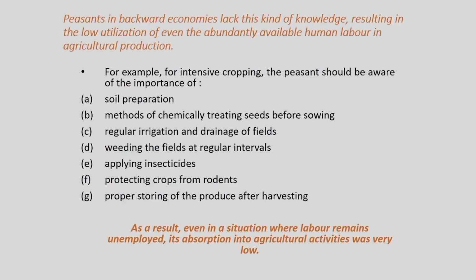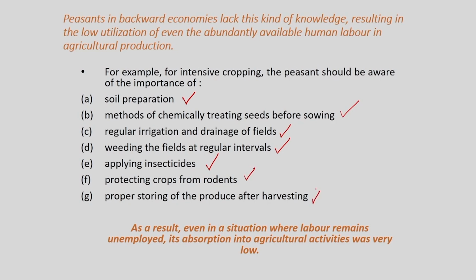For example, for intensive cropping, peasants should be aware of the importance of soil preparation, methods of chemically treating seeds before sowing, regular irrigation and drainage of fields, weeding the fields at regular intervals, applying insecticides, protecting crops from rodents, and proper storing of the produce after harvesting.